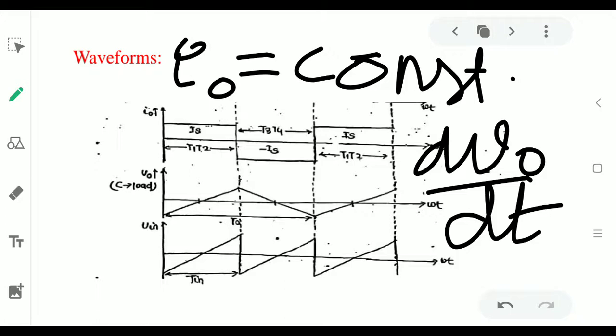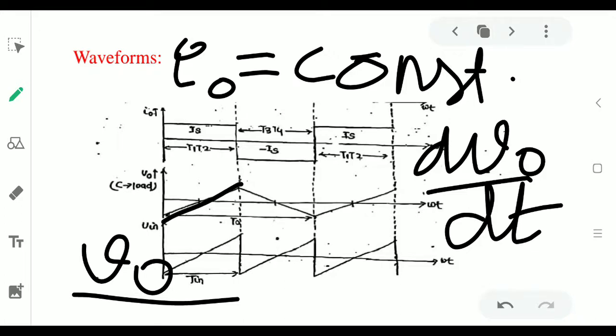It means that V0 is a linear line. Here you can see that V0 is linear, because I0 is constant, so dV by dt must be constant.